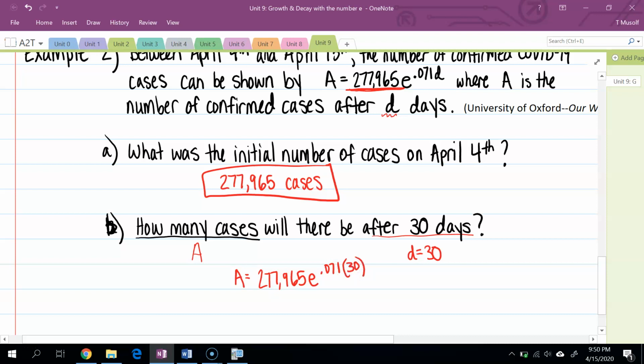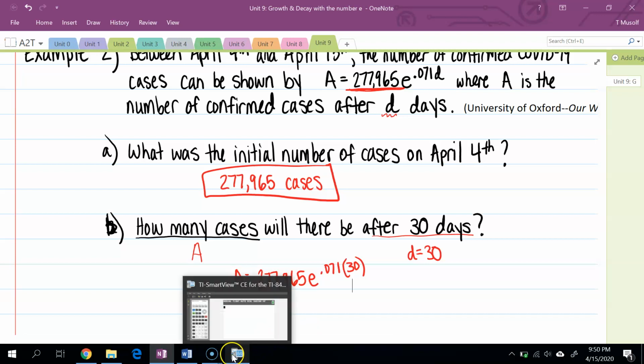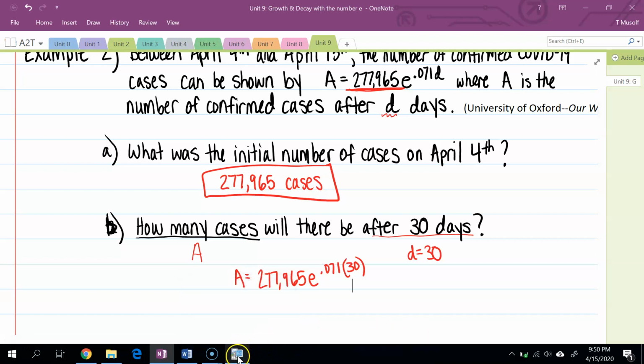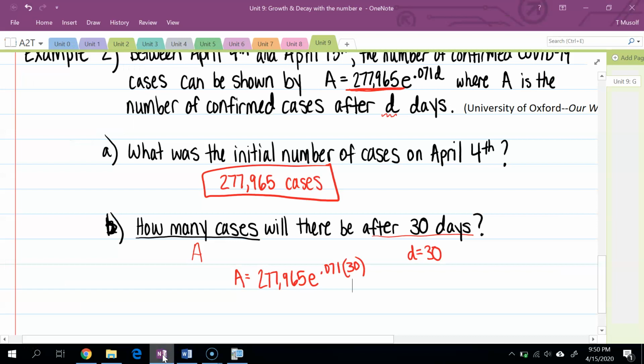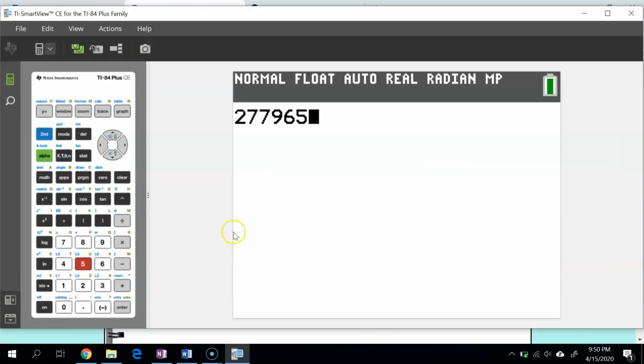Now we would use our calculator for this, so I'm going to turn to my calculator and type it in. 277,965. Did I do that right? Good. And then the base e button: if you look on your calculator where it says log, the button right below it says ln, and right above it in blue is e to the x.